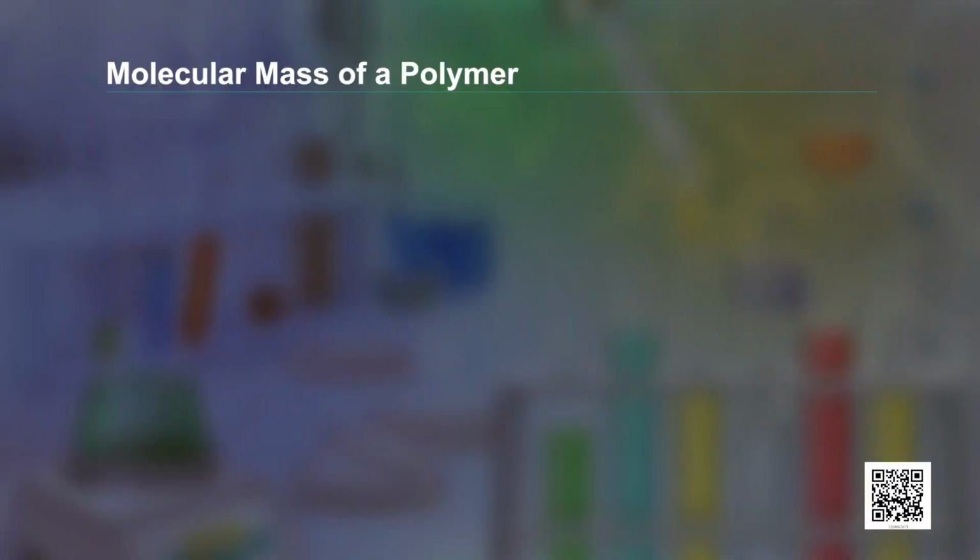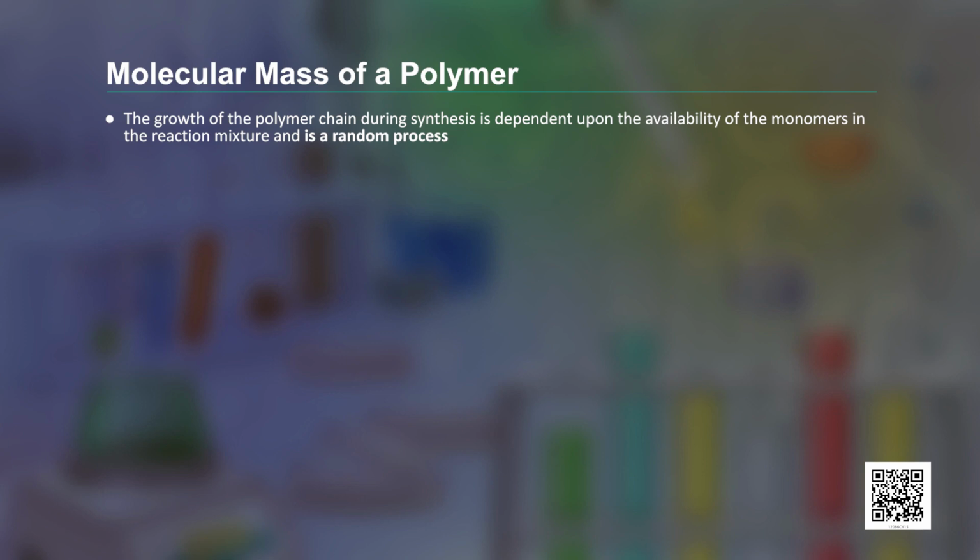While studying the mechanism of polymerization in the previous episode, we understood that the growth of the polymer chain during synthesis is dependent upon the availability of monomers in the reaction mixture and is a random process.